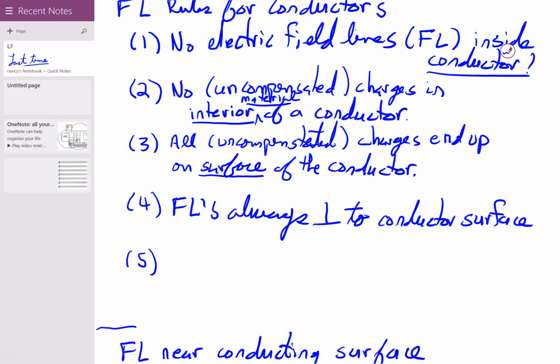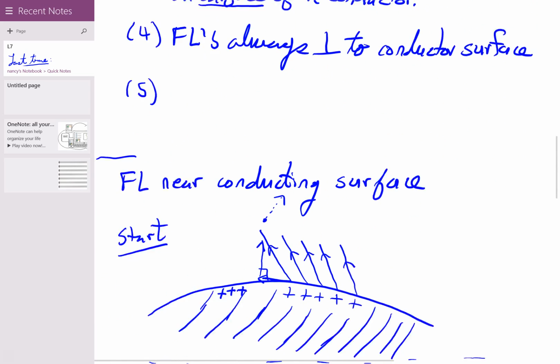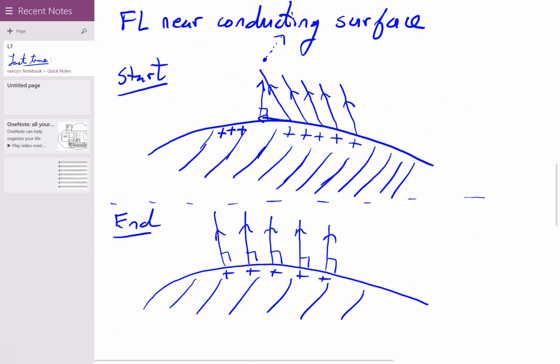Now, our fifth and final rule has something to do with the strength of the electric field as we come to the conductor surface. We know something already about the strength of the electric field, which I think is very intriguing when we begin to think about what happens near a conducting surface.